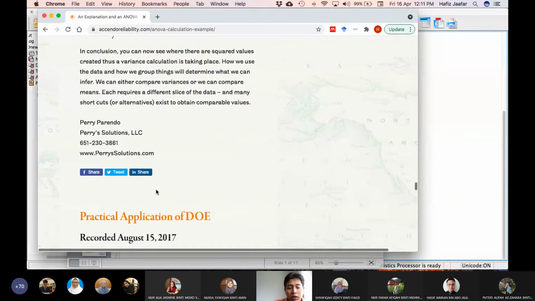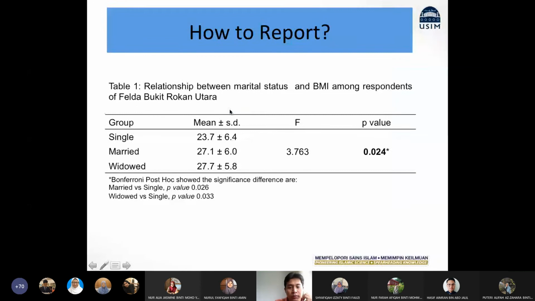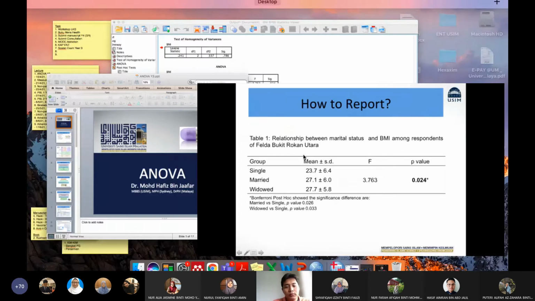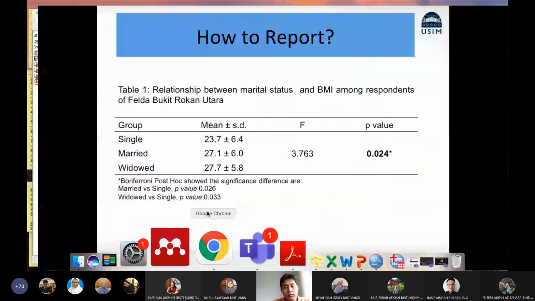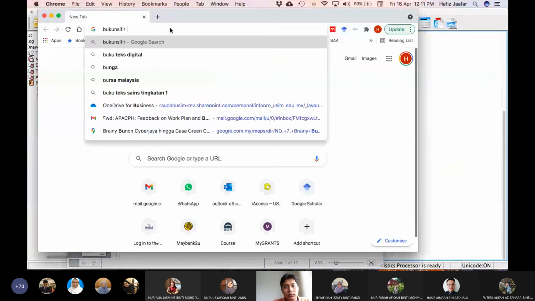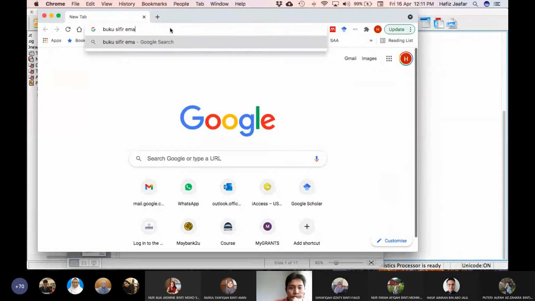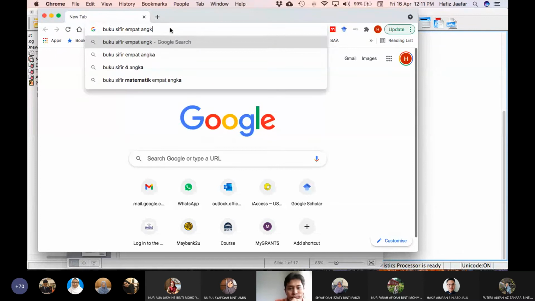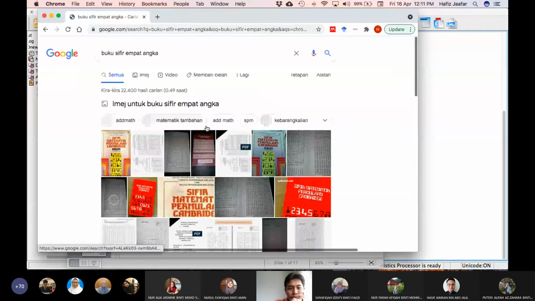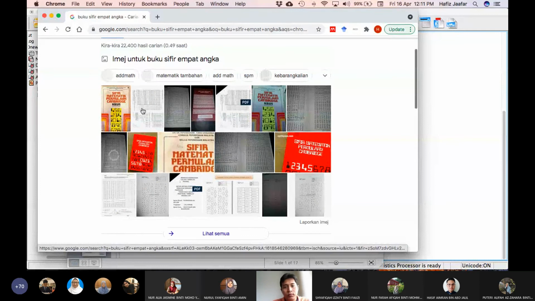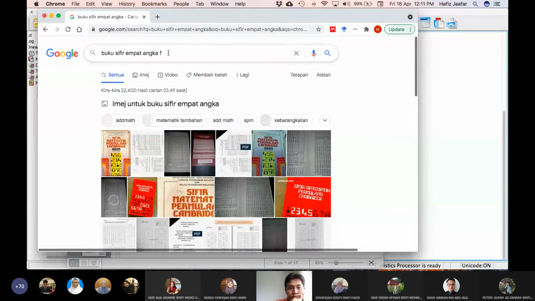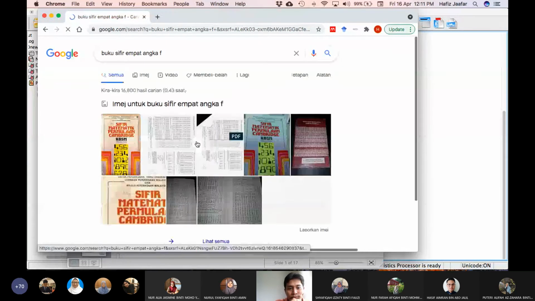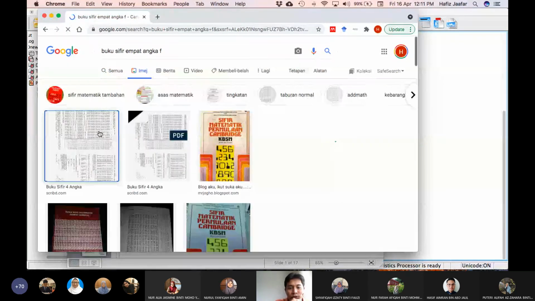So once dapat F value tu nanti, tengok buku. So korang tak sempat lah guna benda ni.